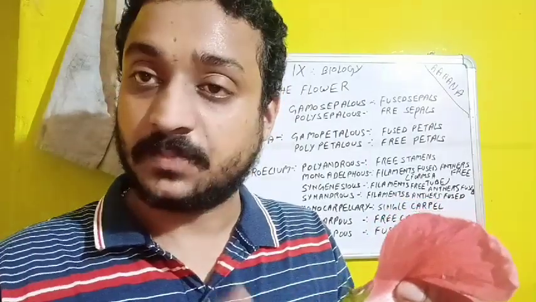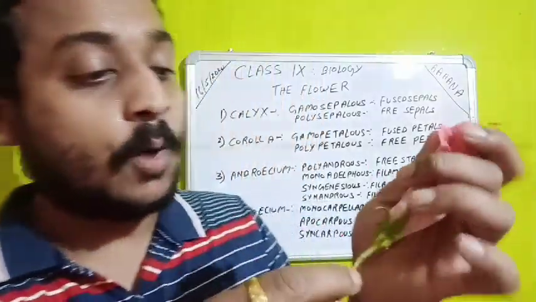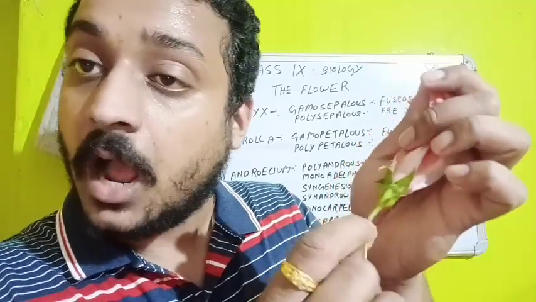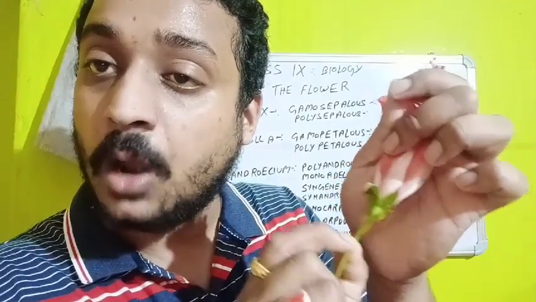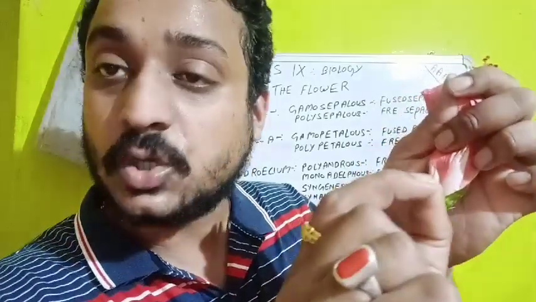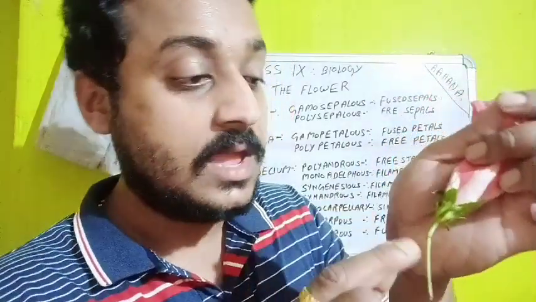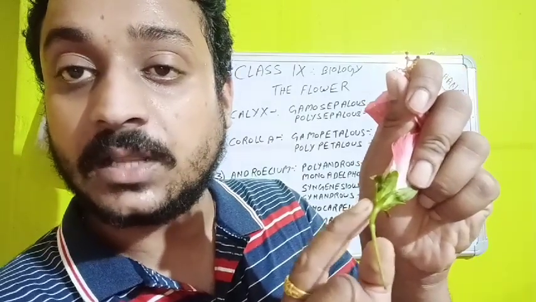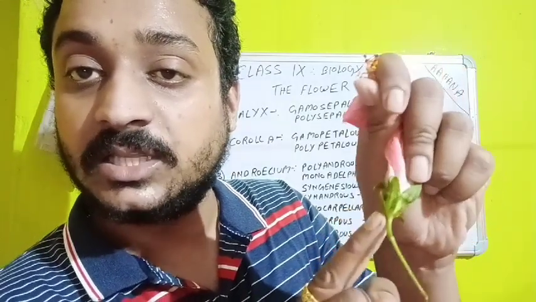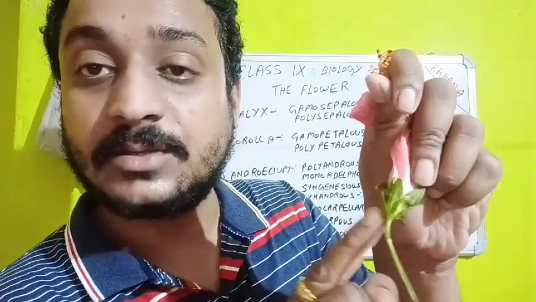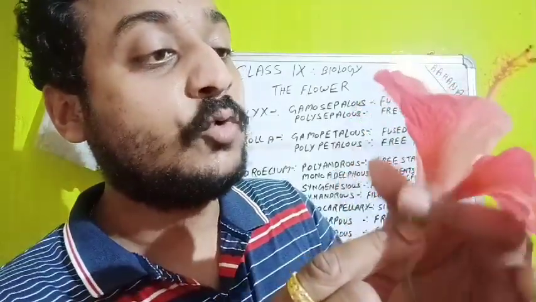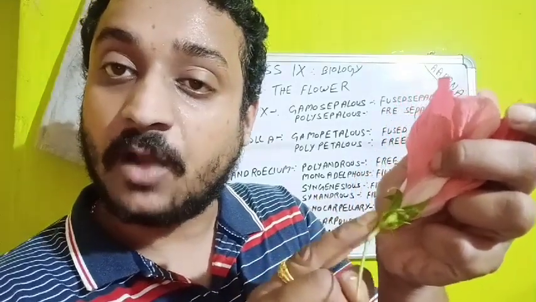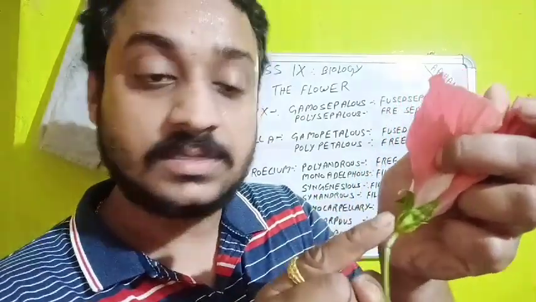This is the calyx. Now, coming to the bottom, this part of the flower is known as the pedicel or the peduncle. Either pedicel you say or peduncle, through which it is attached to the branch or the tree. The bottom part of the flower is called as the thalamus, where I am touching. This is the thalamus of the flower, where all the floral parts are situated.